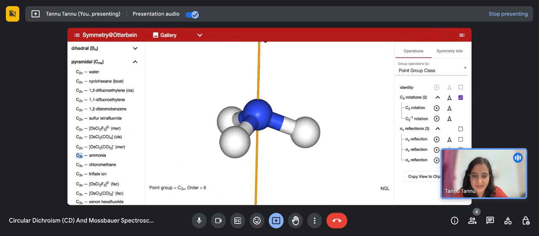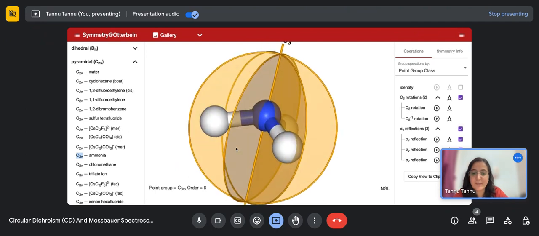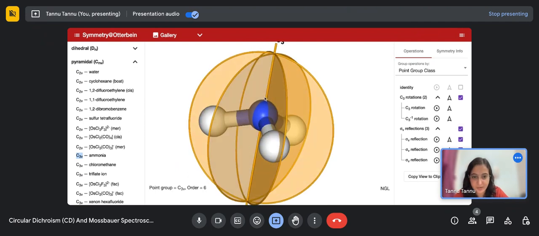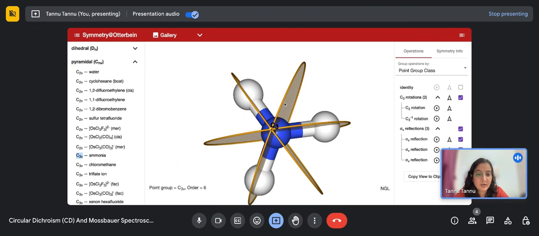This is C3 axis of rotation. Then we have only reflections sigma v planes in this molecule, which are passing through each NH bond. So here in a molecule we can only have nC2, that is 3C2.